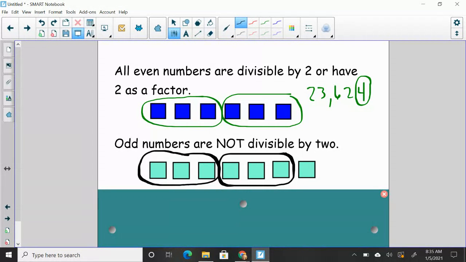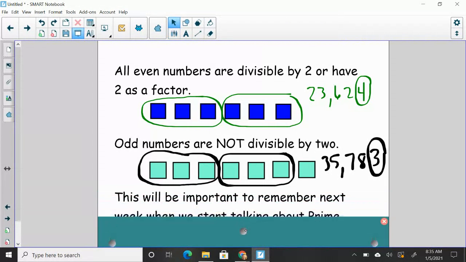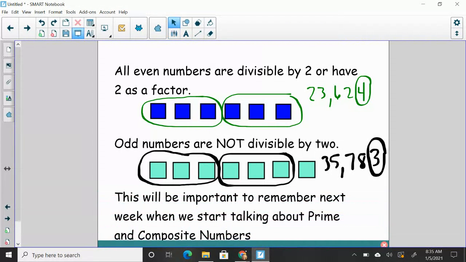So if I had a big, large number like 35,783, I know that because this number is odd, I am not going to be able to divide it into 2 equal groups. And that is going to be important when we start talking about prime and composite numbers next week.